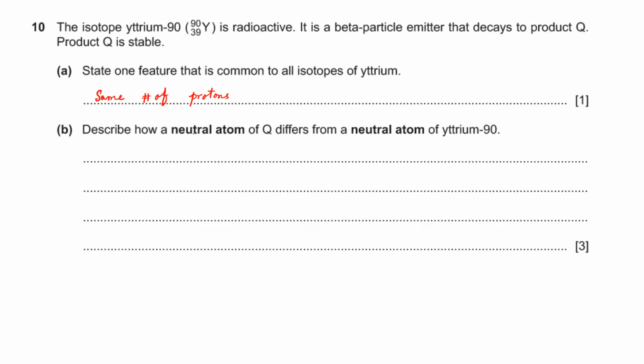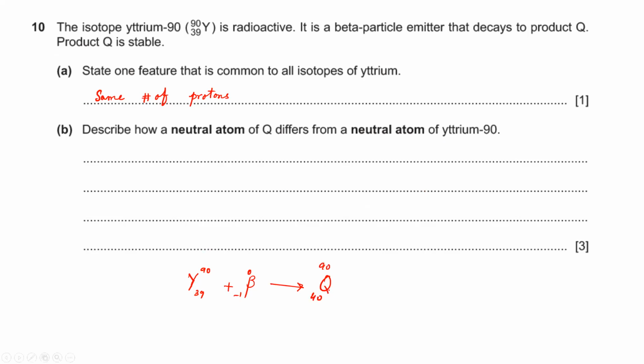Okay, so again, now we have to describe how neutral atom Q differs from neutral atom of yttrium 90. So remember yttrium 90 39 decays, it emits a beta particle and becomes Q, which is 90 40.